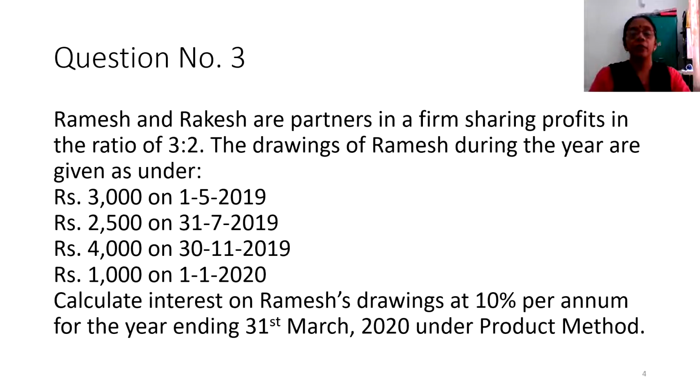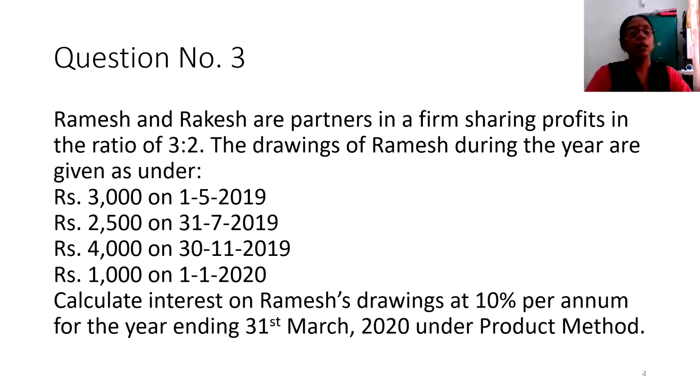Let us proceed further. Here is one question on your slide. Go through the question quickly. Here there are two partners, Ramesh and Rakesh, who are sharing their profits in the ratio 3:2. And the withdrawals of one of the partners, Mr. Ramesh, are given as under. Could you see that the dates of the withdrawals do not follow any frequency?